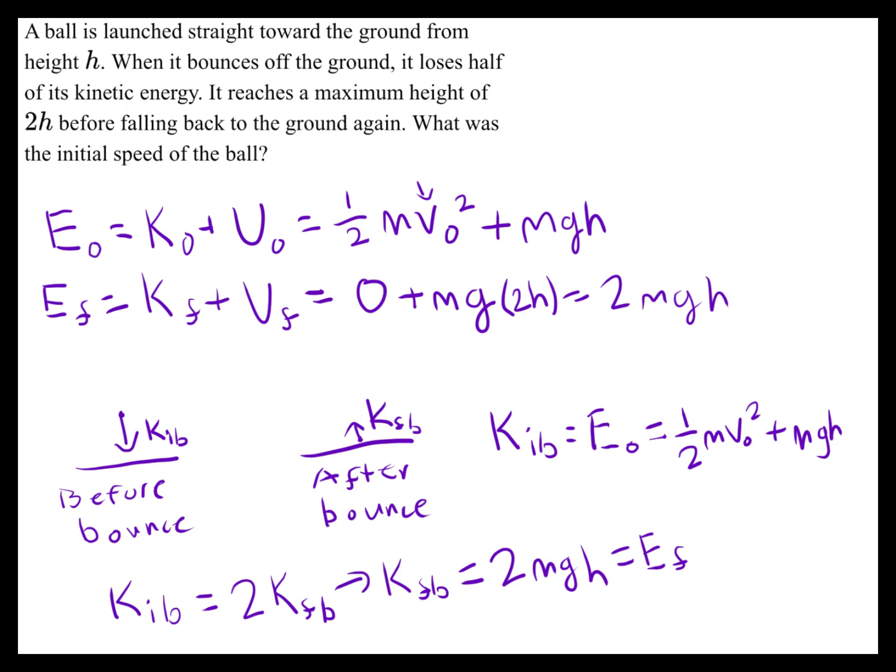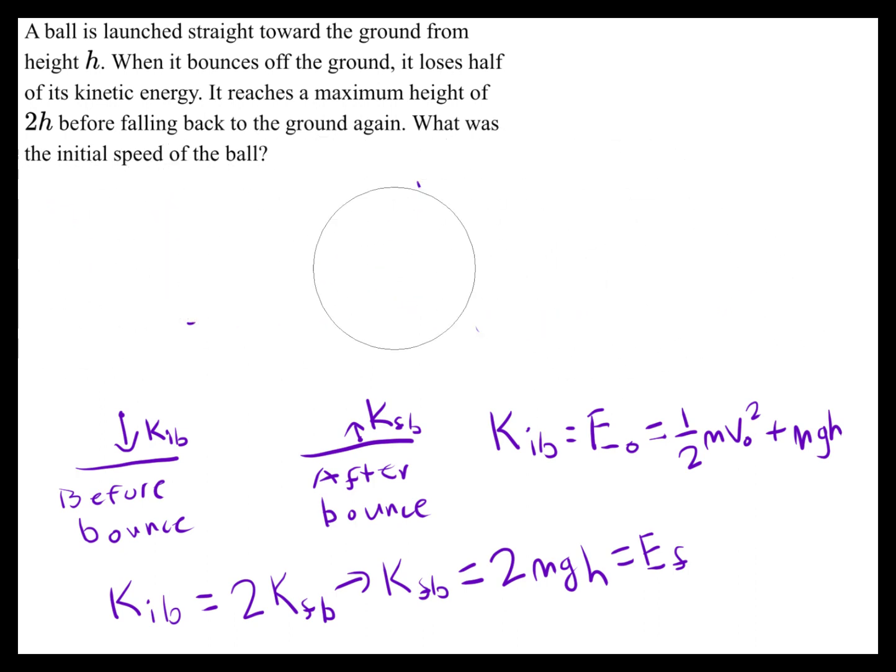I'm going to make a little more room by erasing these. So now we have this. The kinetic energy right after the bounce is equal to 1/2 of the kinetic energy right before the bounce.